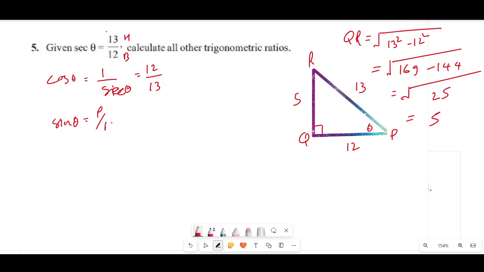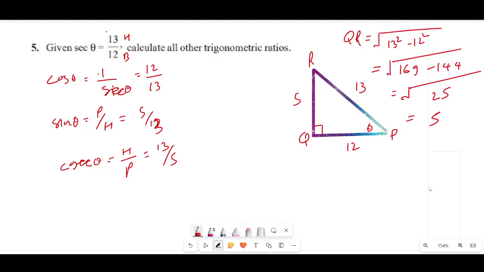The perpendicular is 5 and the hypotenuse is 13 centimeter. Clear? Now, what is the value of cosec theta? Cosec theta is the reverse of sin theta. So h by p, we write here 13 by 5.